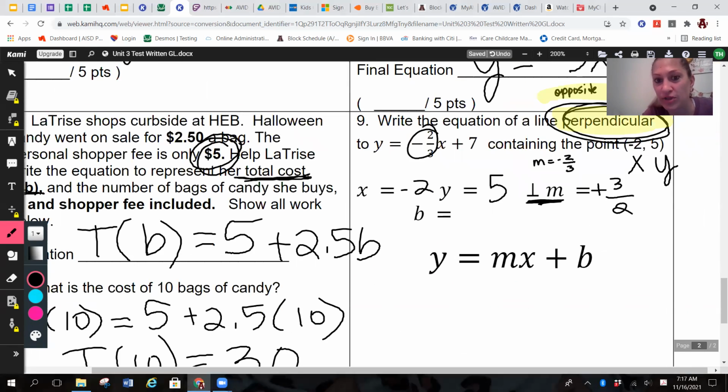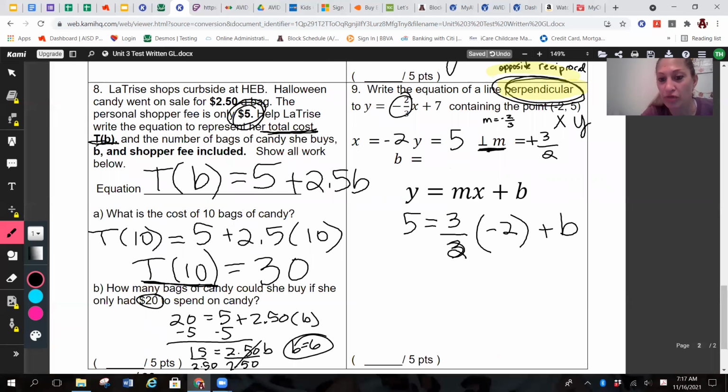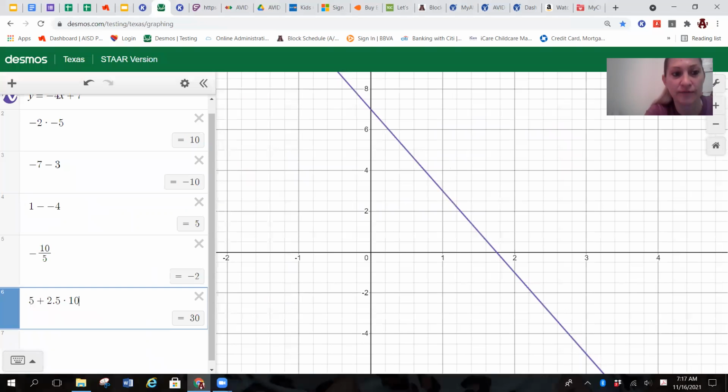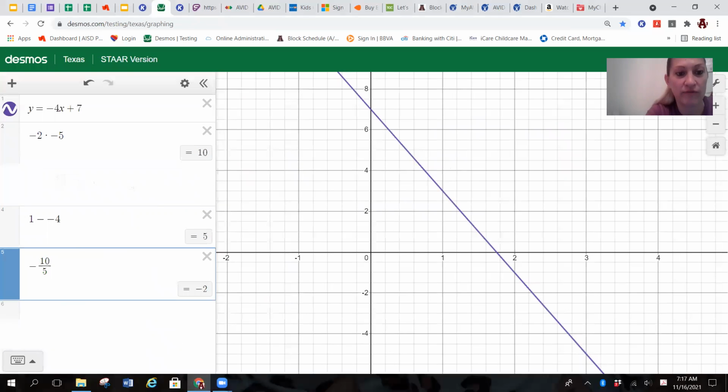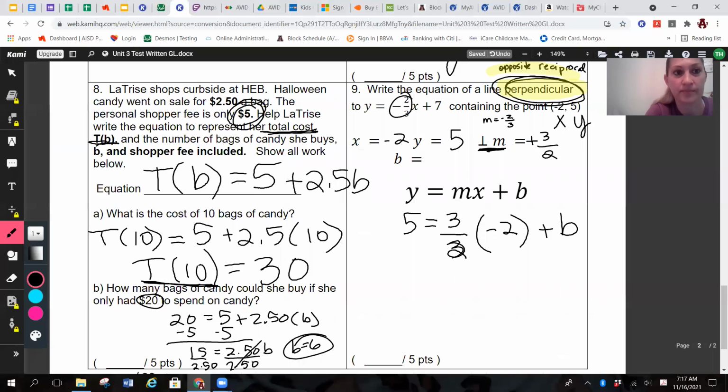So then it's the same thing as problem number 7. You put the 5 under the Y, you put your M, which is positive 3 over 2. Your X is -2 in parentheses, and then you're having to find your B. So 3 divided by 2 times -2 is -3.